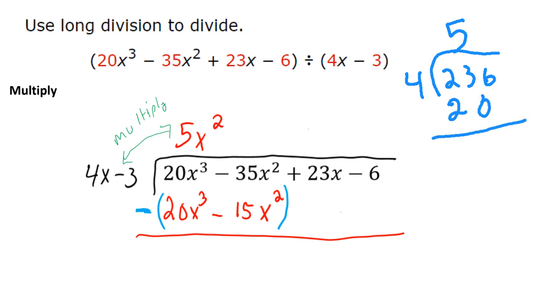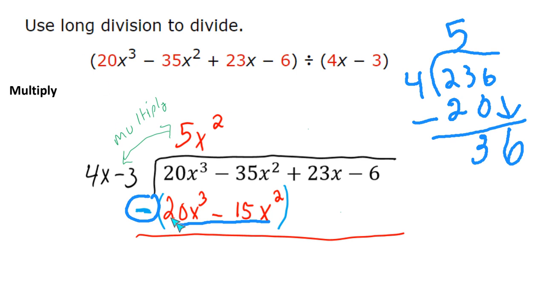And then we subtract. And then we bring down the next number. Same idea here. This is why I put the negative out here, because I'm subtracting. But we're subtracting the entire thing. So that's why I have parentheses. When we do that, we're changing the signs for each of those terms.